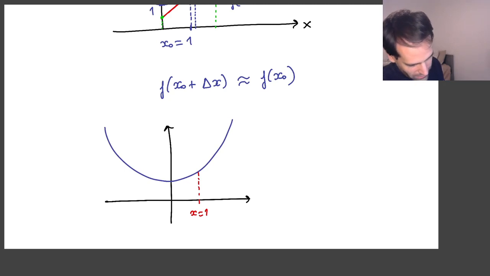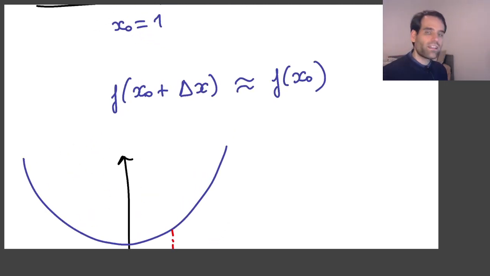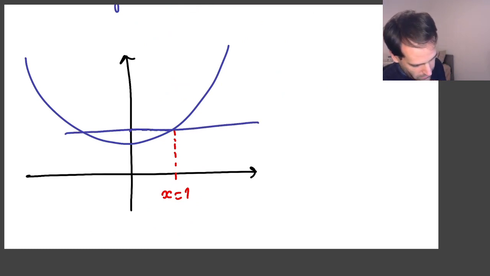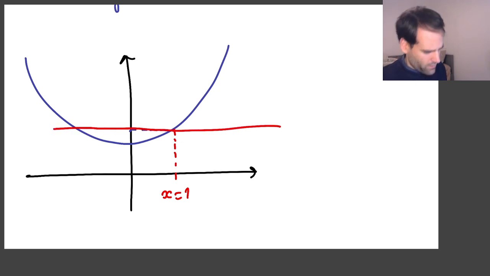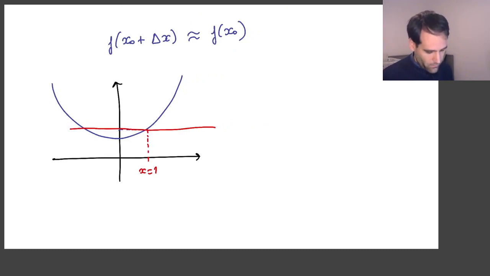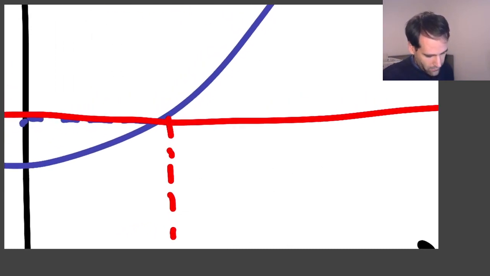So I'm approximating the parabola by the value of the function at x0, which is this value here. So I'm basically approximating it using a constant. Let me picture that in red. Okay. This is a very bad approximation for the function. However, it's not that bad if we are close to x equals 1, right?